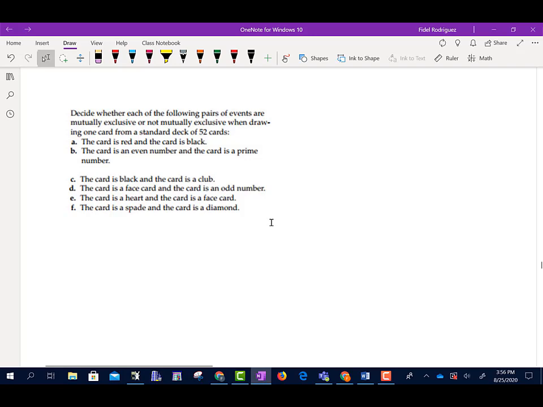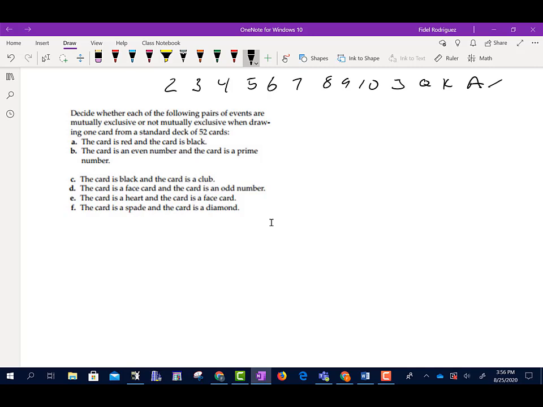So, the next question just says, determine whether each of the following pairs of events are mutually exclusive or not mutually exclusive when drawing one card from a standard deck of 52 cards. So think about a deck of cards. A lot of times what I tell my students is, remember, your cards can be 2, 3, 4, 5, 6, 7, 8, 9, 10, Jack, Queen, King, or Ace.